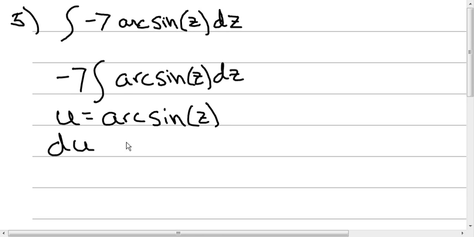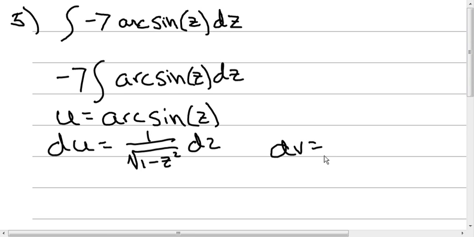Du is equal to 1 over square root of 1 minus z squared dz. dv is going to be equal to 1 dz, and v is equal to z.